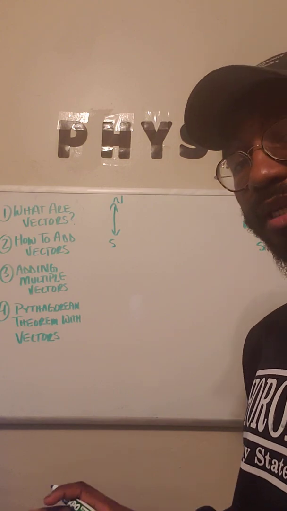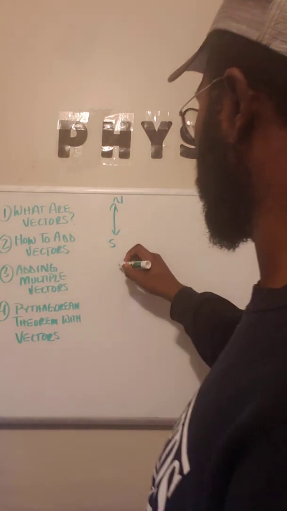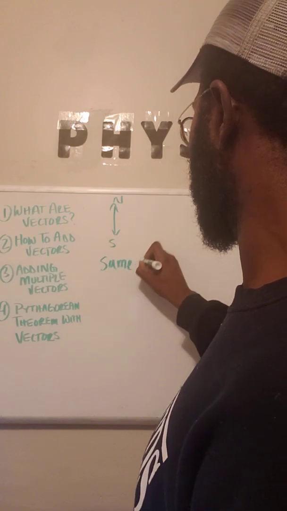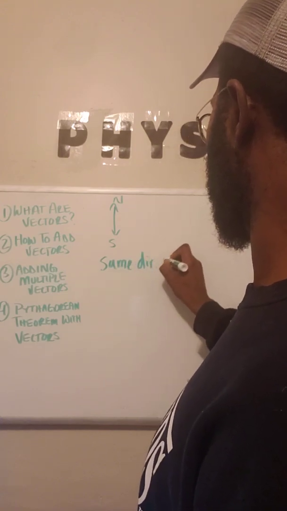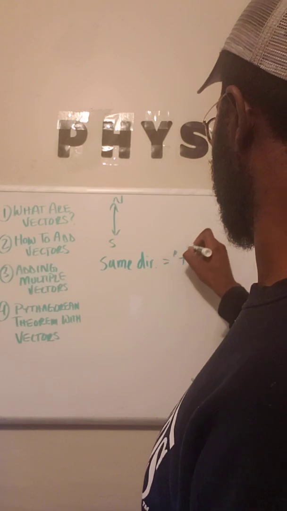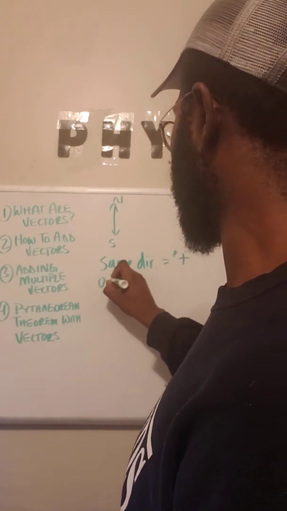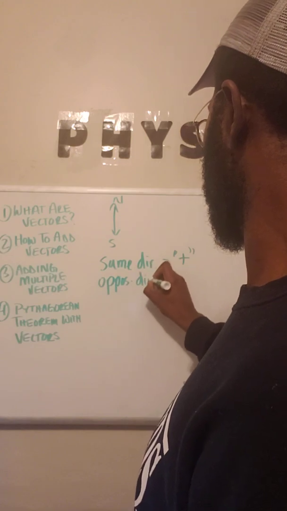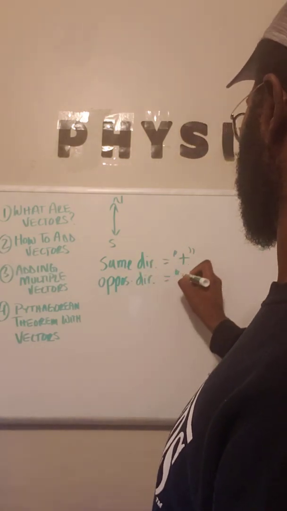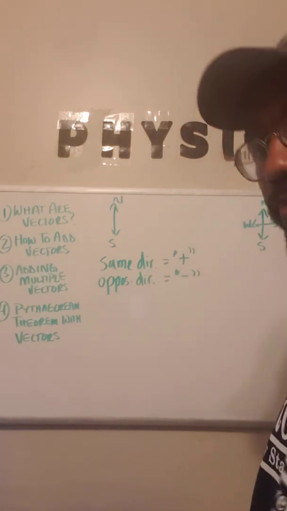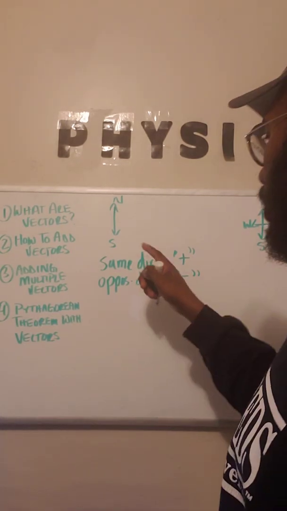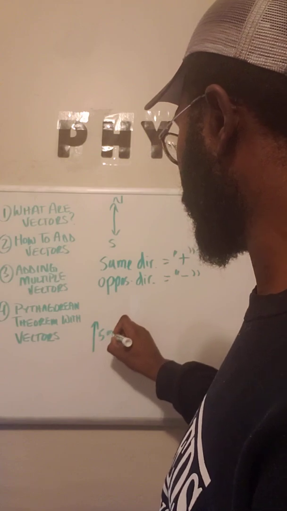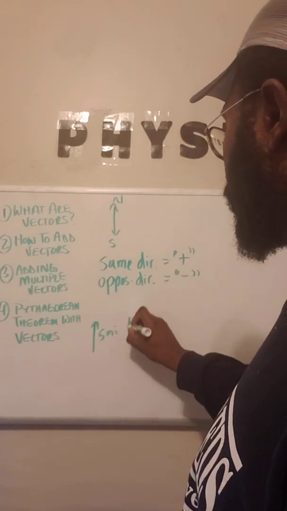If they are in opposite directions, we subtract them. So same direction equals addition, opposite directions equals subtraction.